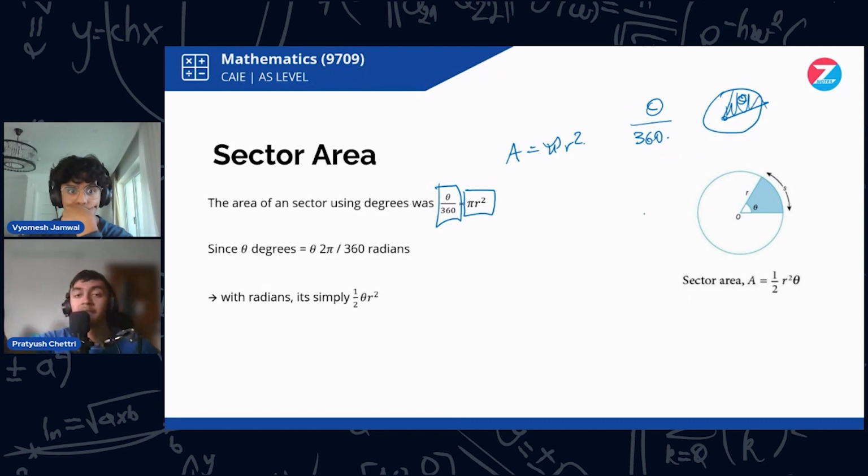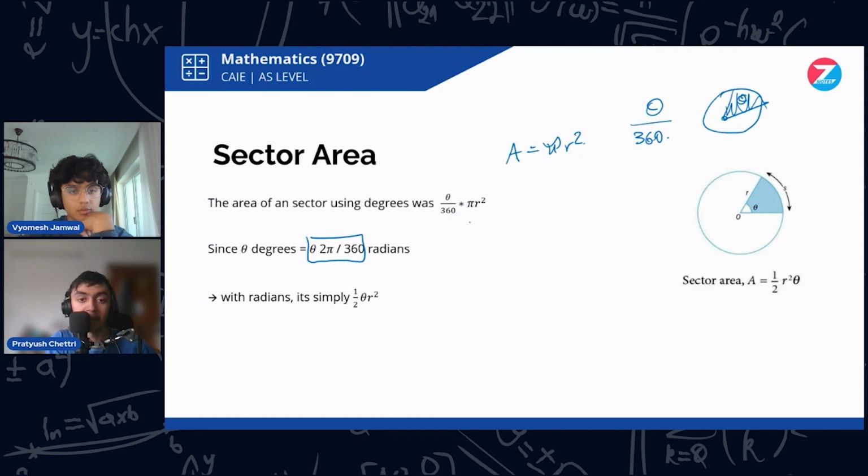The whole circle's area times a slice out of that whole circle's area. And again, thanks to our radian definition, this simply does this for us.